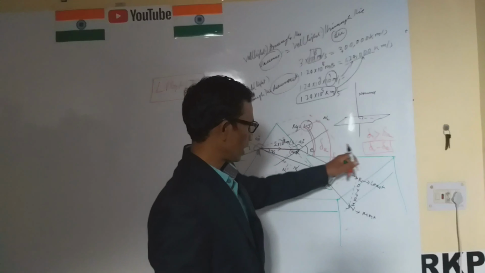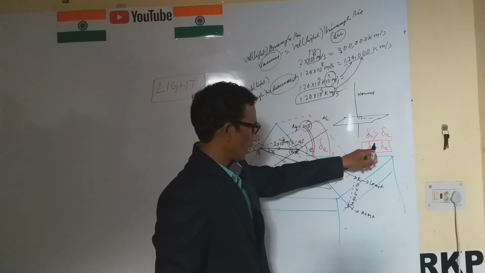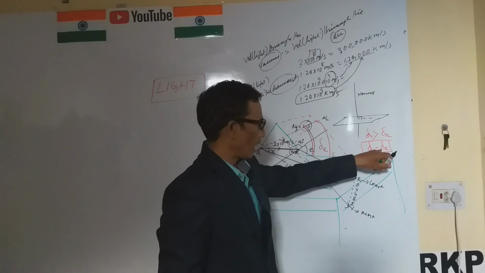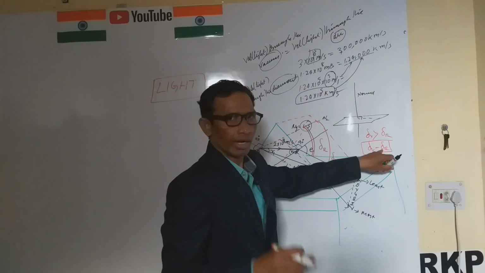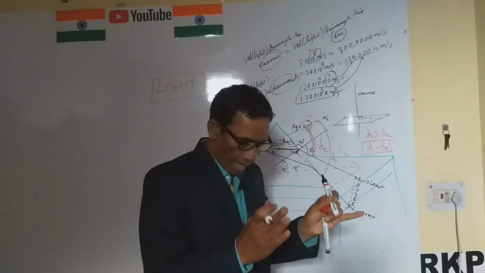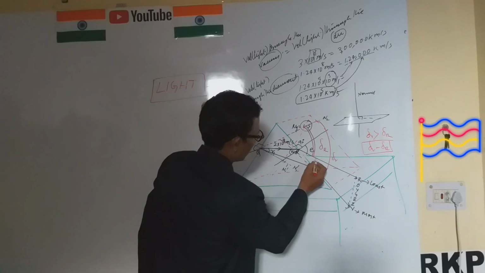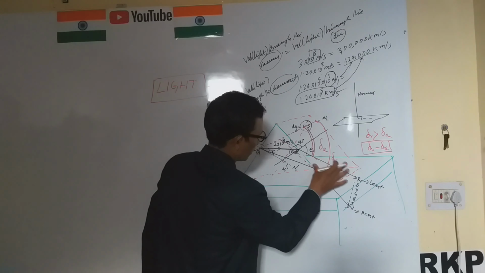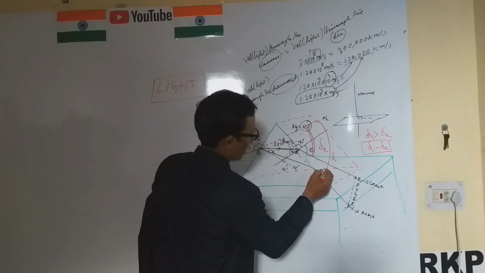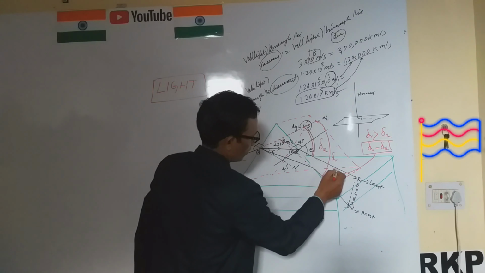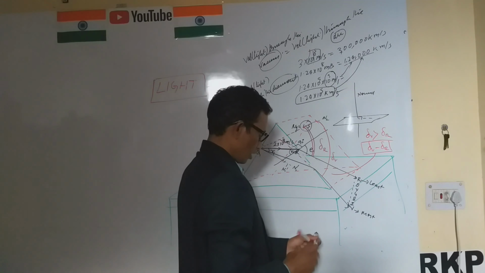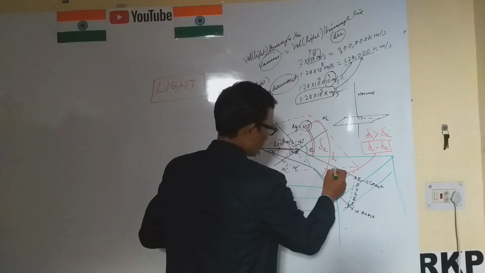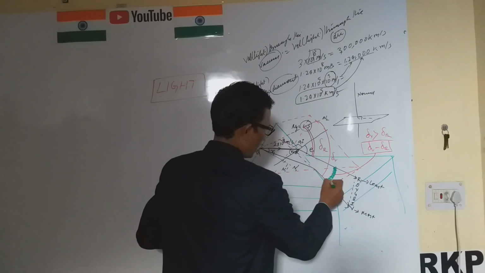Angular displacement is just the difference between the minimum deviation of violet color and the minimum deviation of red color. This angle is called the angular displacement.